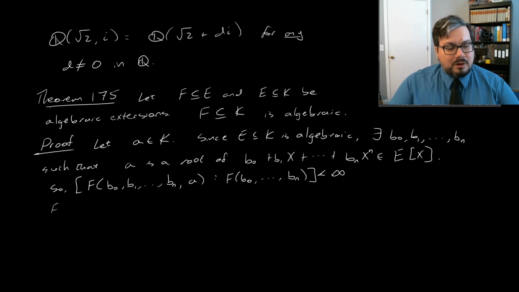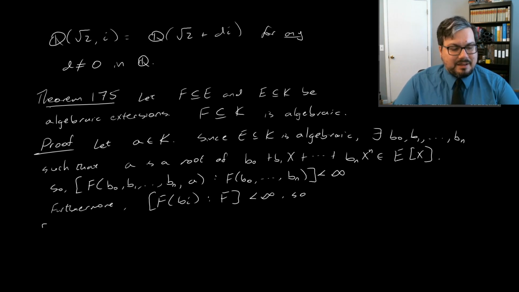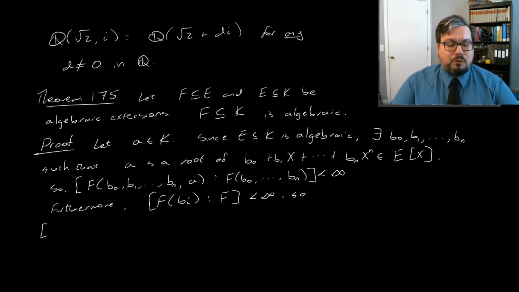Now, furthermore, we have that every F(Bi) over F has finite degree. And so what this means is that we can take the following formula for degrees.